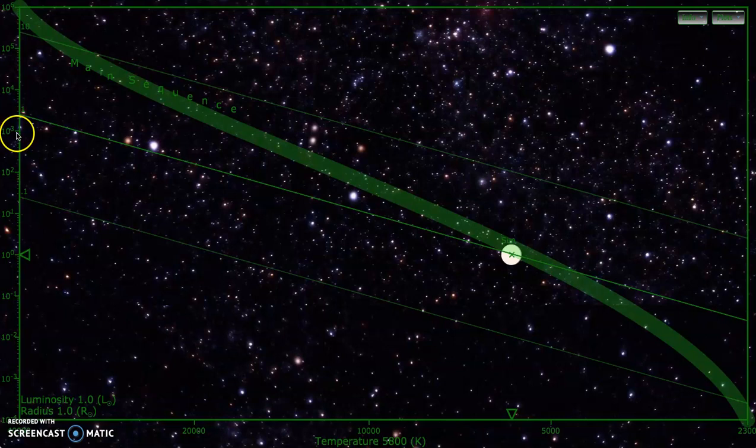This is what's known as a logarithmic scale, and that is because stellar luminosities vary a lot. 10 to the 6 is 1 million times as bright as our sun. 10 to the minus 3 means it's 1,000 times less bright than our sun. And 10 to the minus 4 would be 10,000 times less bright. I keep saying bright. Less luminous than our sun. It's not brightness, it's the intrinsic power of the star.